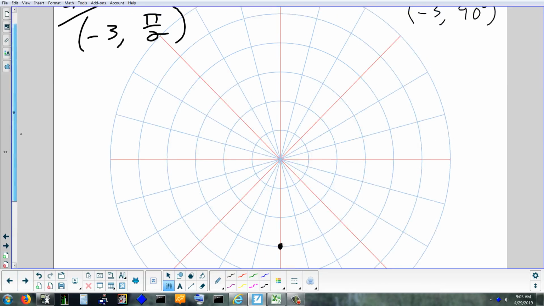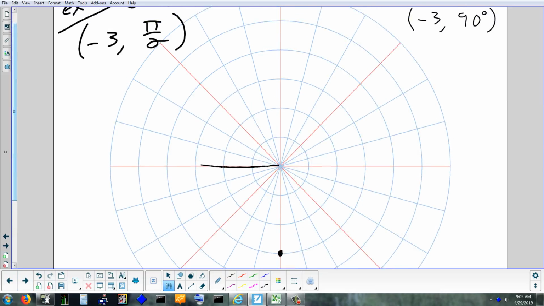Now for this one, I'm going to draw how I actually got there. Okay, I went left 3 and counterclockwise. Does anyone think they could give me another coordinate where I want to get to that exact same point?